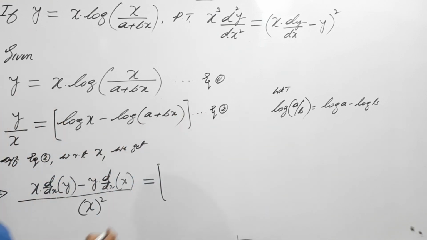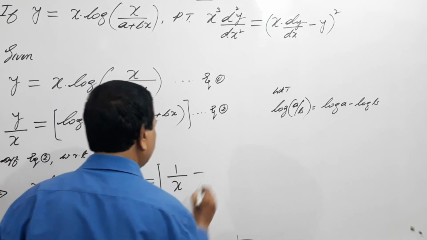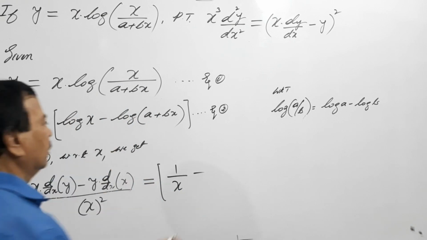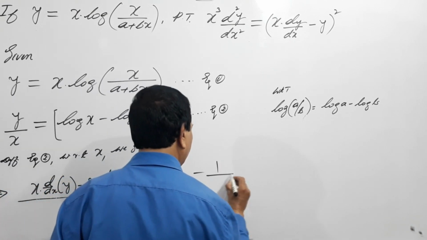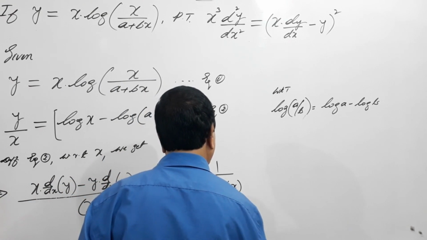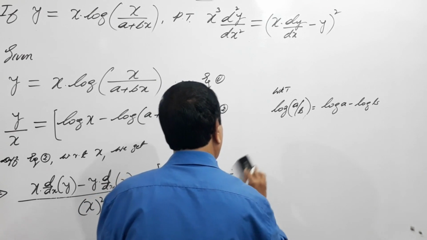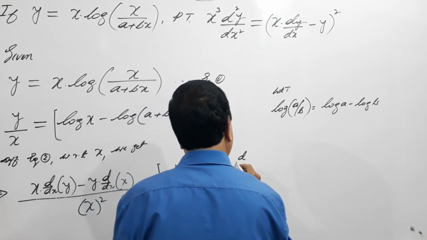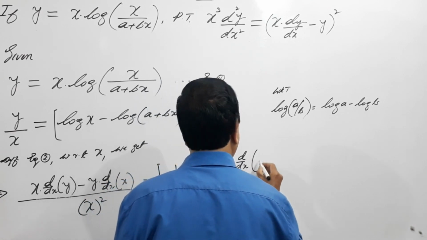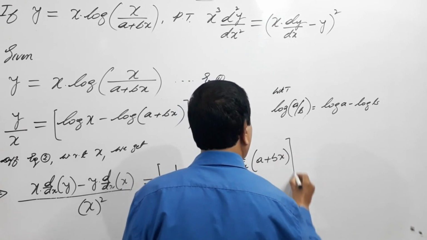If you differentiate log x, we get 1 by x, minus 1 by a plus bx, and d by dx of a plus bx.